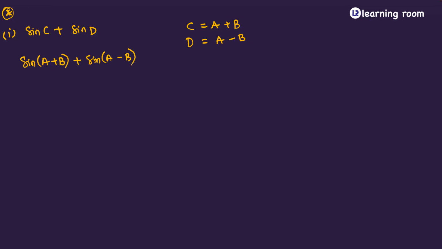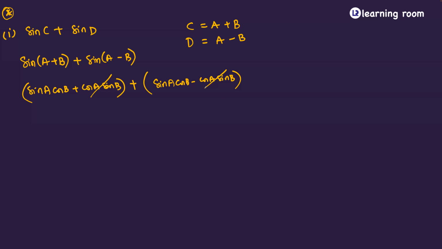Am I clear with this? So what I did is basically I wrote C as sum of two angles, D as difference of two angles. Then I just took those values and put it here. So when I write sin of A plus B, it is going to be sin A cos B plus cos A sin B. Plus sin of A minus B is going to be sin A cos B minus cos A sin B. If you observe, cos A sin B and cos A sin B will get cancelled.